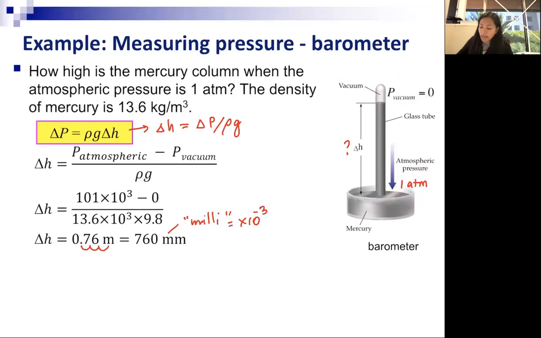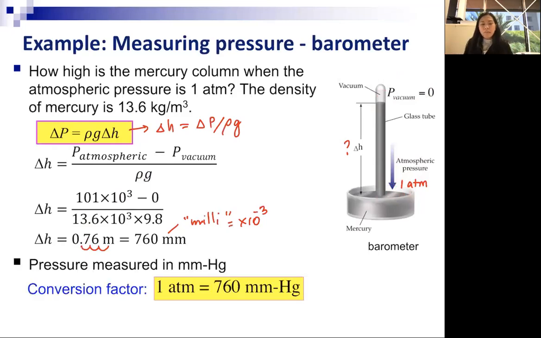So that's how high the mercury will rise if there is 1 atmosphere of pressure pushing on the mercury. And that's why this is a common unit with which pressure is measured. It's called millimeters of mercury. So 1 atmosphere of pressure is equivalent to 760 millimeters of mercury. We read this as millimeters of mercury.